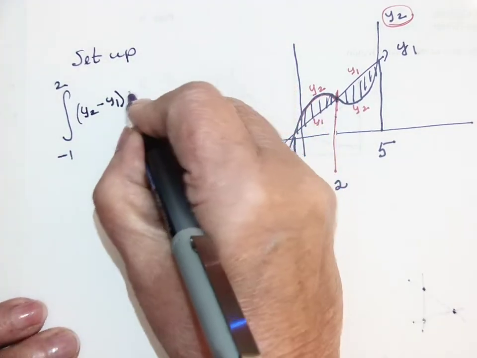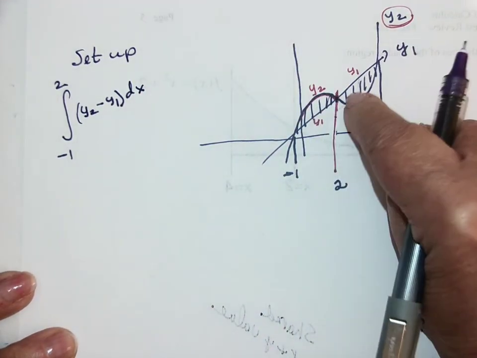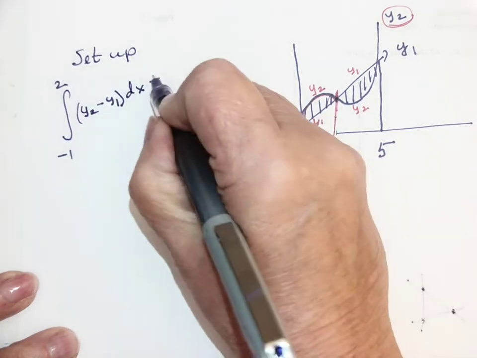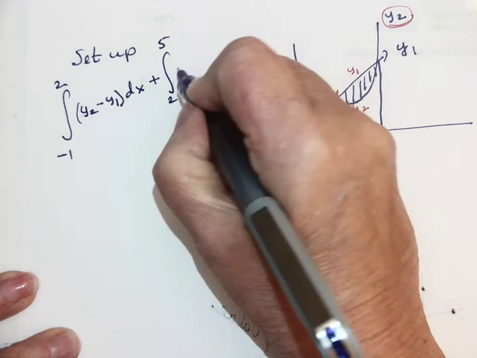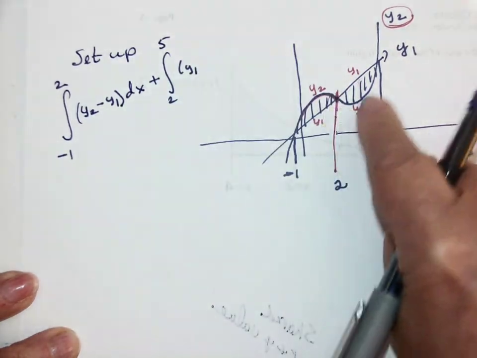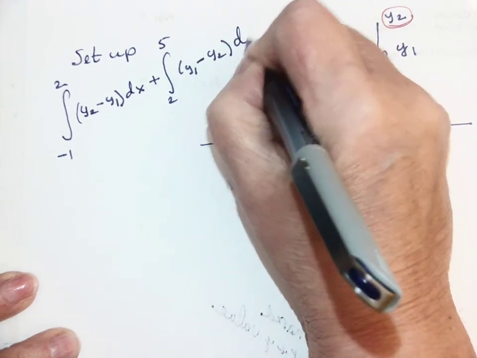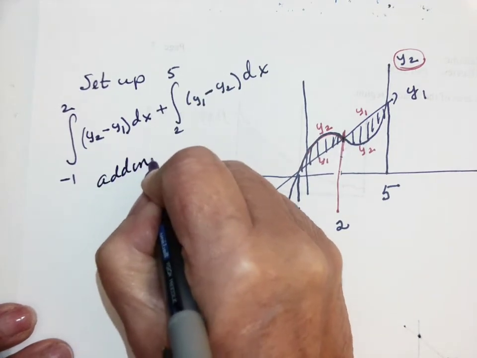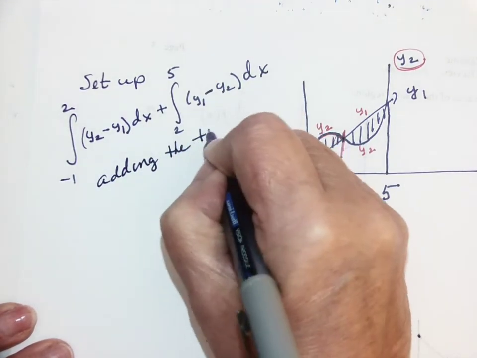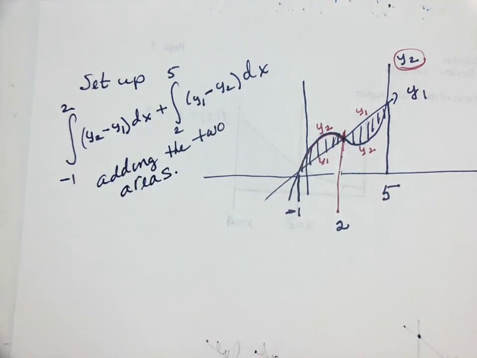And since these y's are a function of x, I would take this area and add it to the second area. This time y1 is above and y2 is below. And I'm adding the two areas. Do you see how that works?